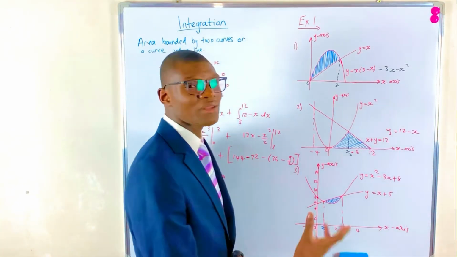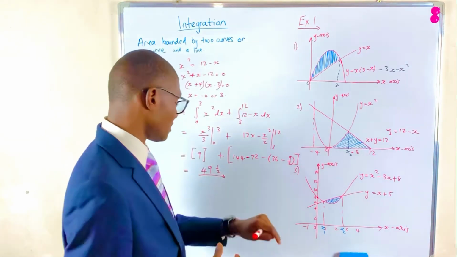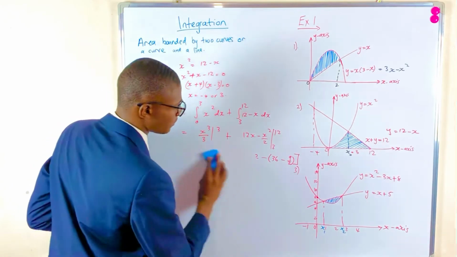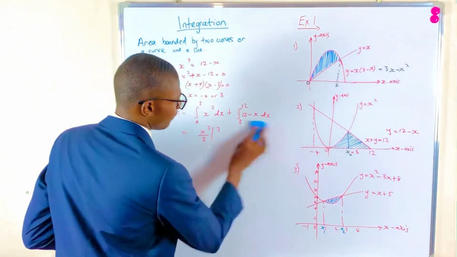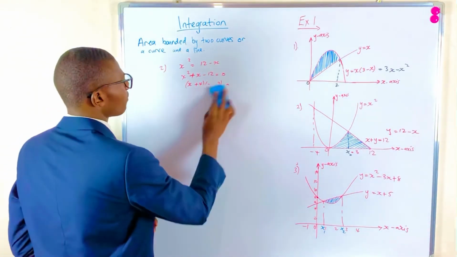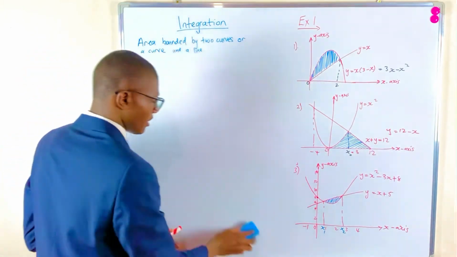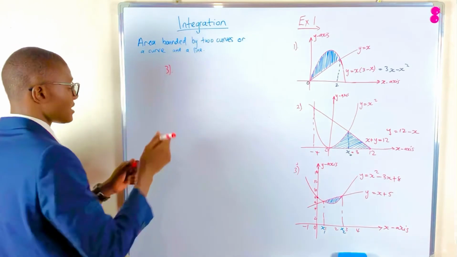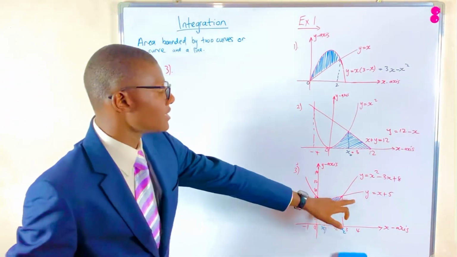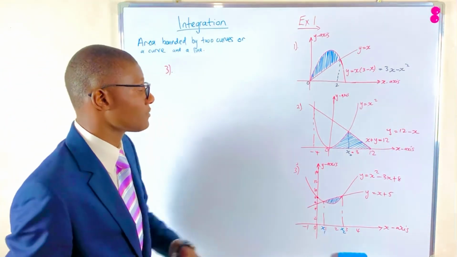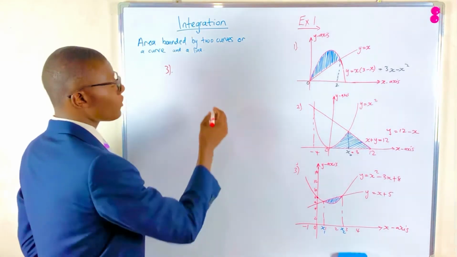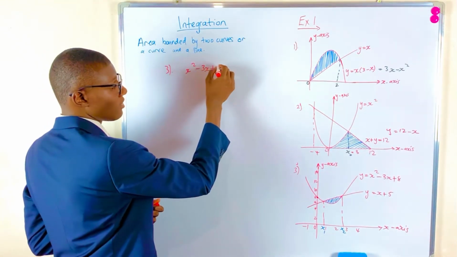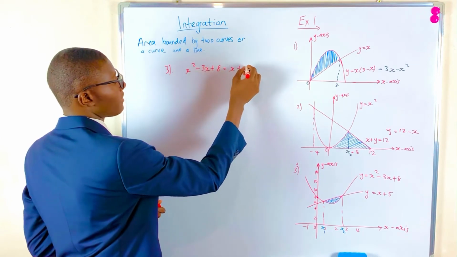So this is implying that we definitely need the points of intersection. So allow me to erase this part for number 2. Okay, so for number 3, we're saying that we need the points of intersection. So we shall say that at these 2 points, what do we know? We know that x squared minus 3x plus 8 is equal to x plus 5.